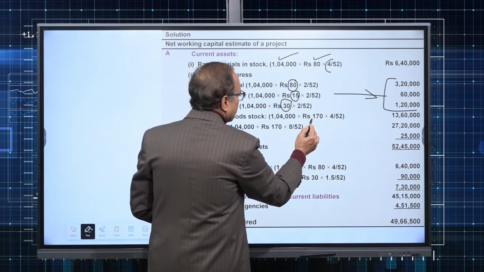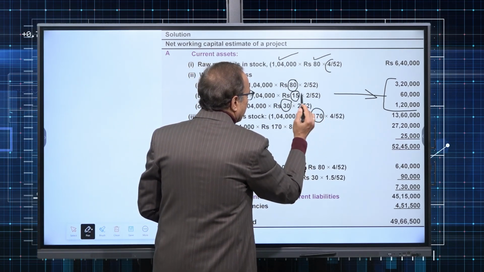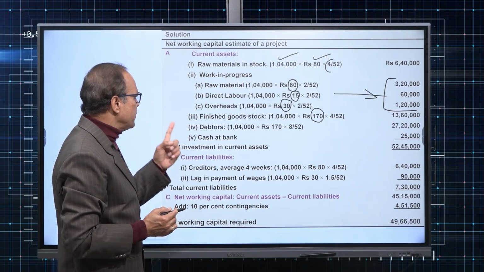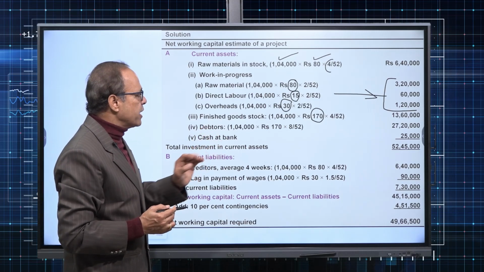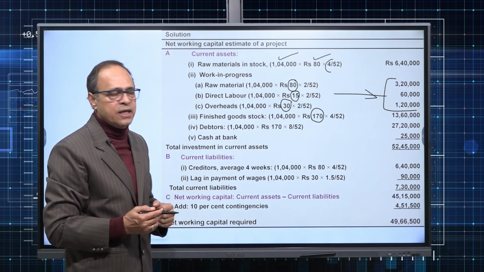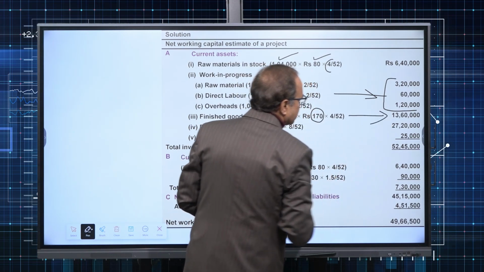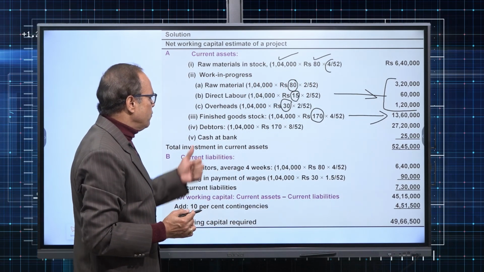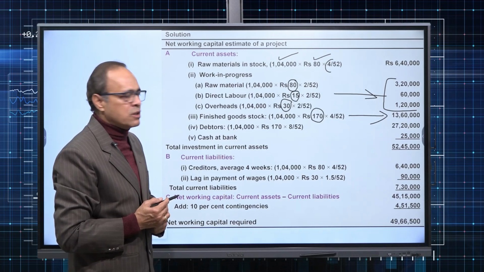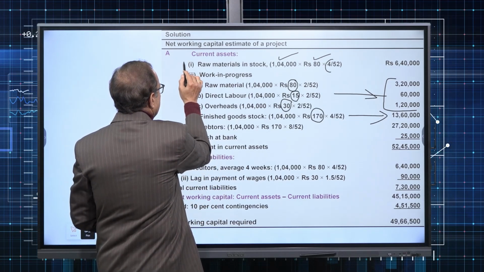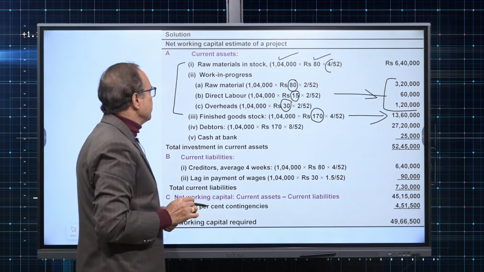Cash cost is 170. 80 plus 30 plus 60. If you remember. And holding period of finished goods is 4 weeks. So 4 divided by 52 because there are 52 weeks in a year. So our investment in finished goods inventory is 13,60,000 for a production level of 1,04,000 units.